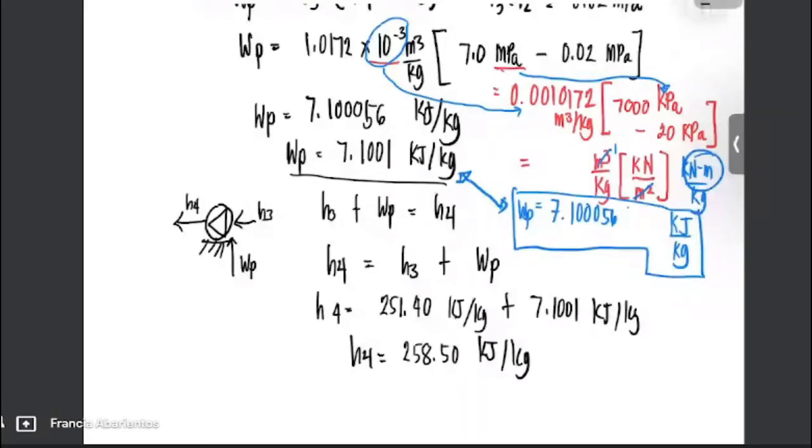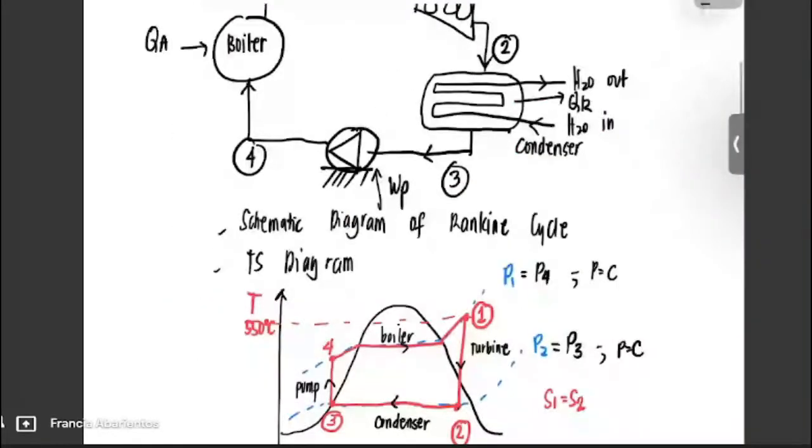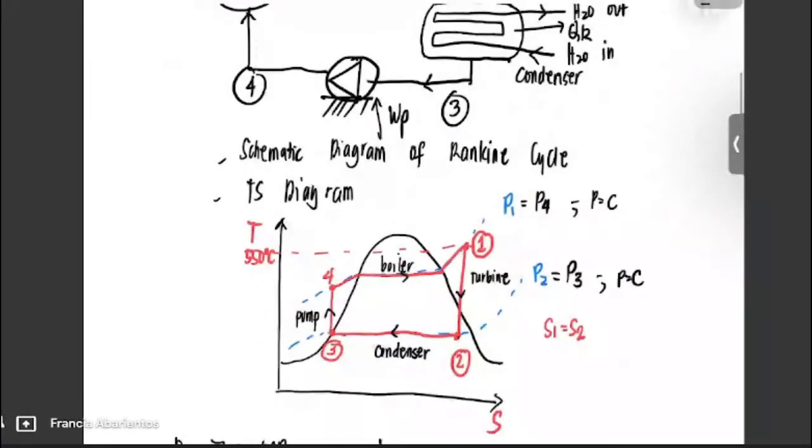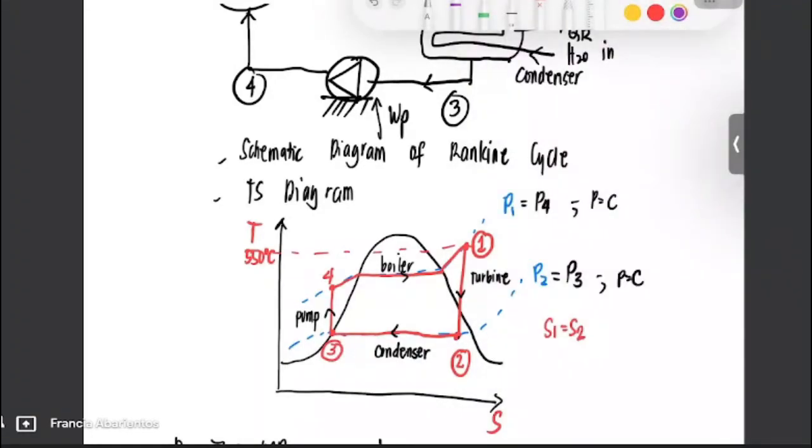We have now the enthalpy at point 4. So, wala pa tayong sinusolve, cycle efficiency. So, this is now your, para makita nyo, bang color. Yung color gusto nyo. This is now your, from point 1 to point 4, that is your 7 MPa.